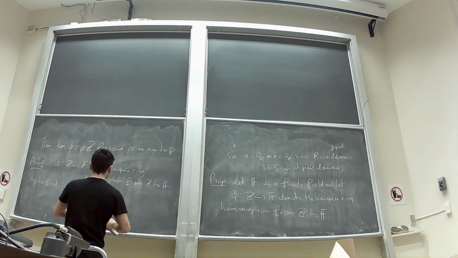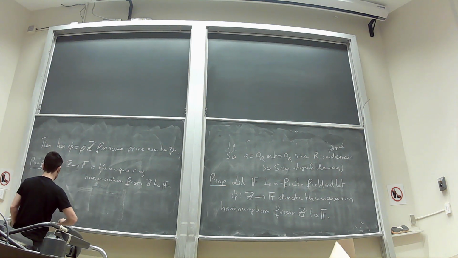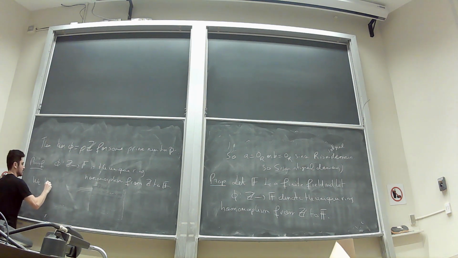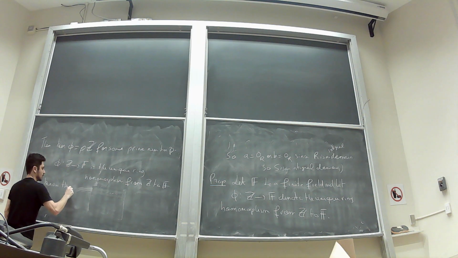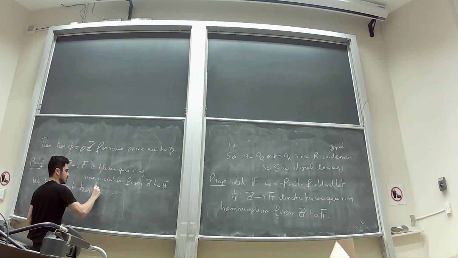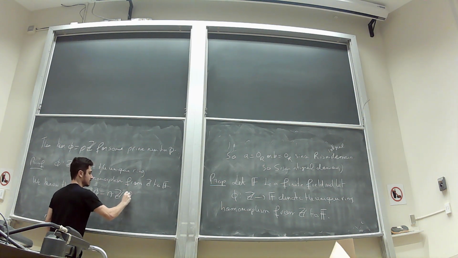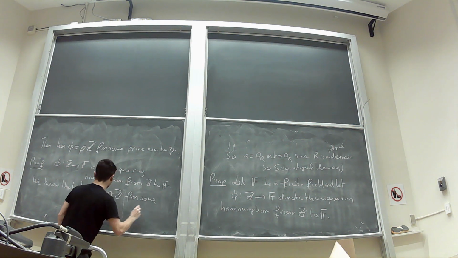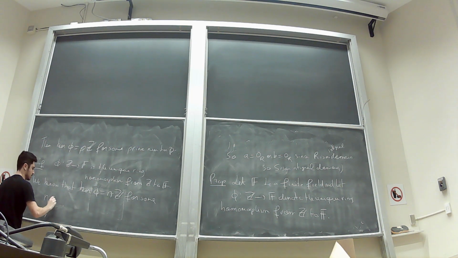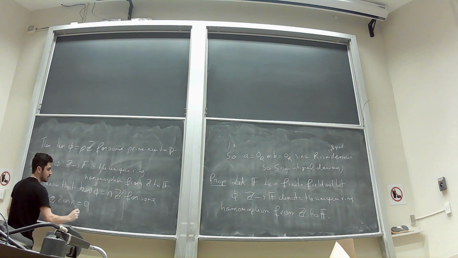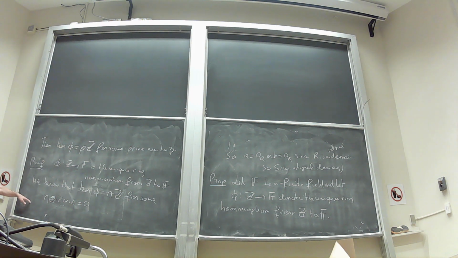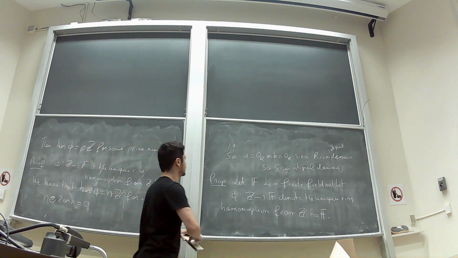We know that the kernel of phi is equal to nZ for some n bigger or equal to 2, or n is equal to 0, right? This is the kernel.